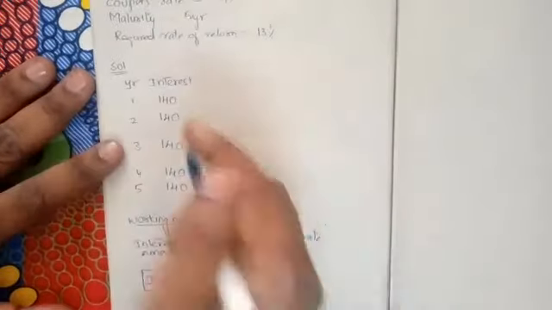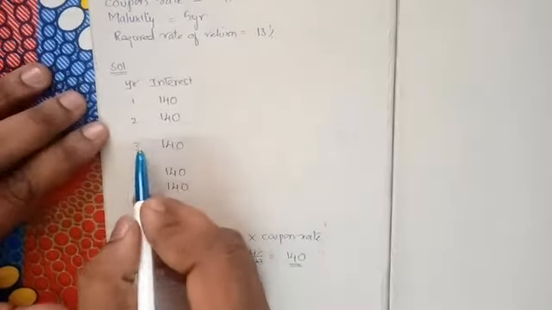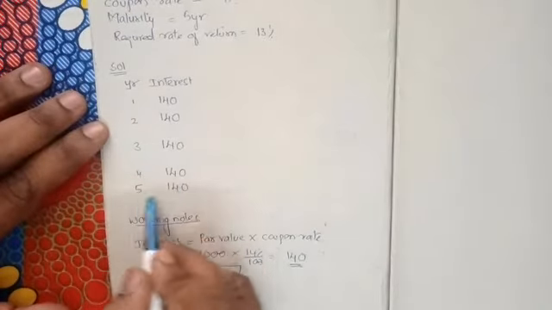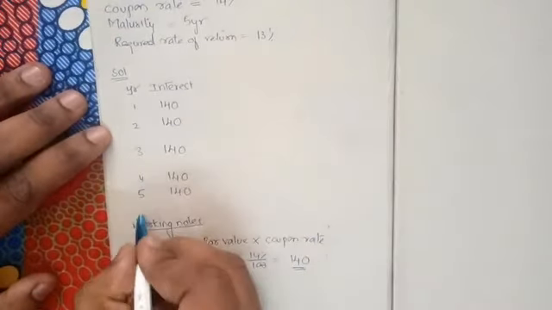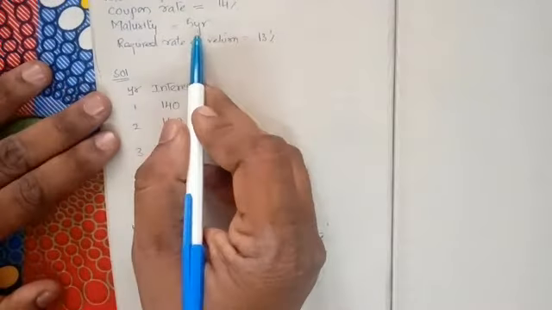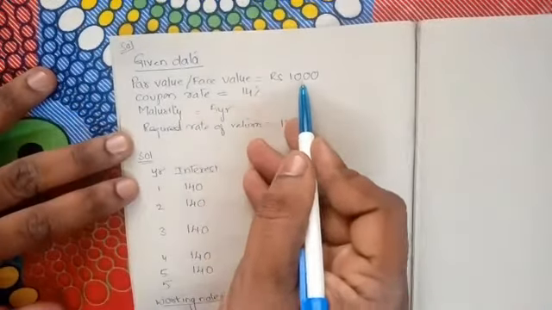So here I have written for the first year 140, second year 140, third year 140, fourth year 140, fifth year 140 rupees. Because the maturity period is 5 years, on the fifth year itself I am going to get the principal amount back.